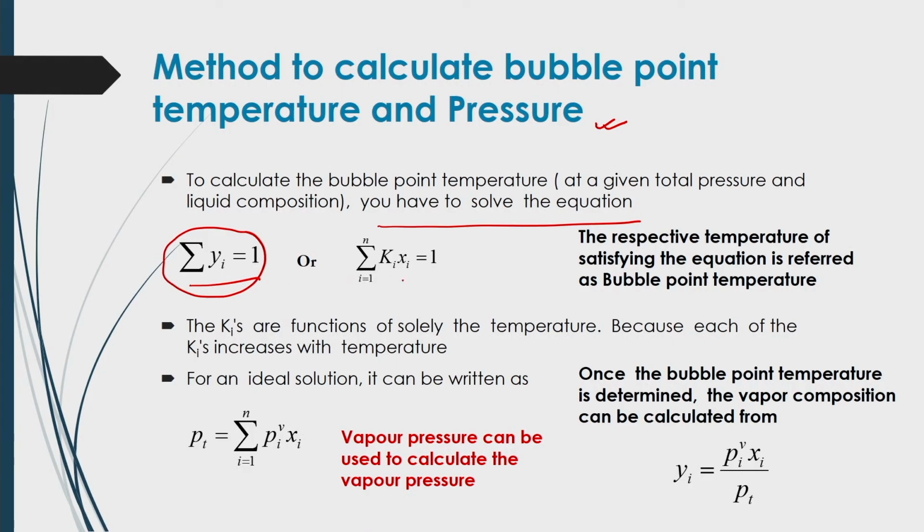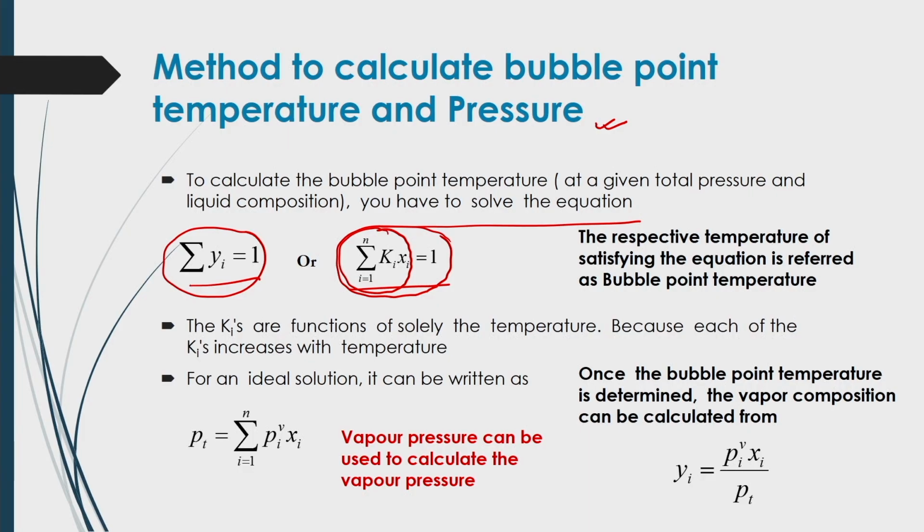So, if I substitute y_i as K_i x_i, we can say that the summation of K_i x_i will be equal to 1. In this way you can calculate the condition at which the summation of K_i into x_i is equal to 1, and the respective temperature will be called the bubble point temperature. Now, these K_i's are functions solely of temperature, because each of the K_i's increases with temperature.